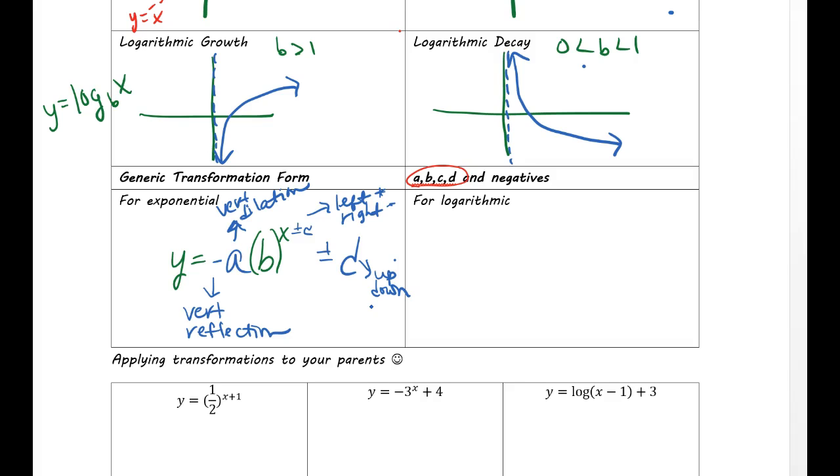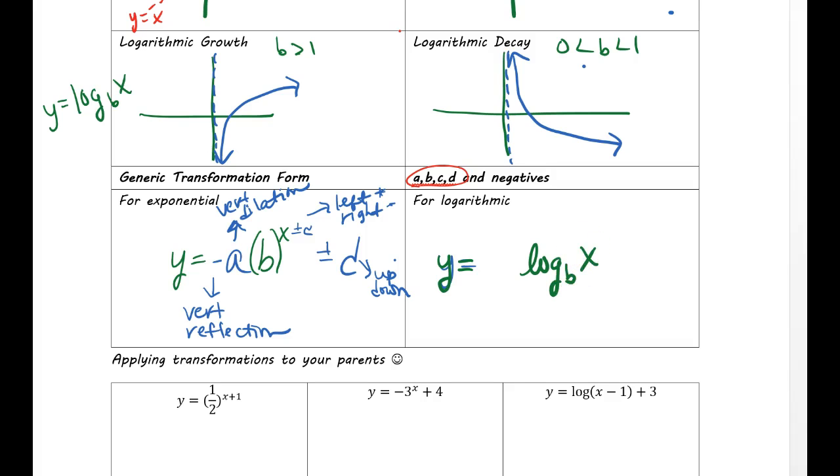Now for logarithmic, let's go ahead and write what you're looking for. For logarithmic, you're going to see the word log, and you will see a specific base b, and you will see an x, okay?